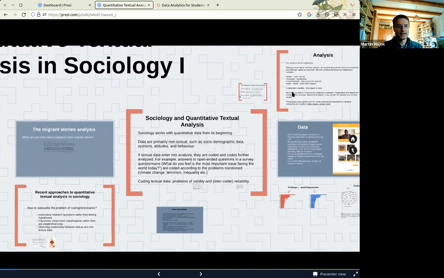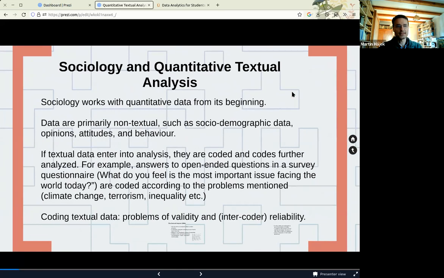So first, I have to say that for sociology, quantitative data are nothing foreign. Since the beginning, sociology has used quantitative data.